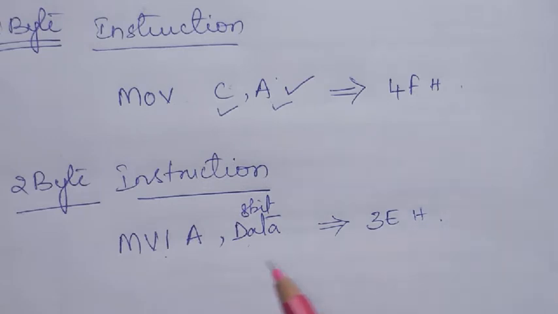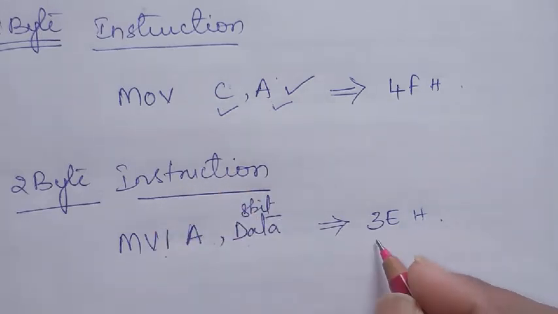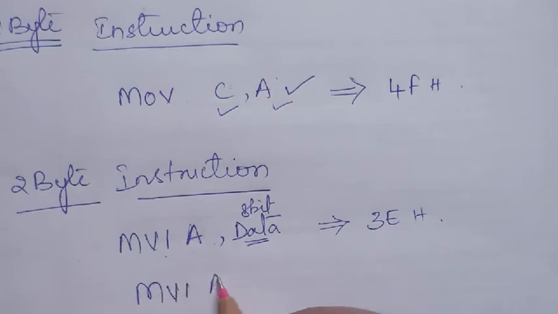Now the opcode is there. One operand is the accumulator, the register to which the data is to be moved. You should specify in the program what data is to be moved to the accumulator. The next byte will be this data. Let us suppose I write move immediate A with 44.